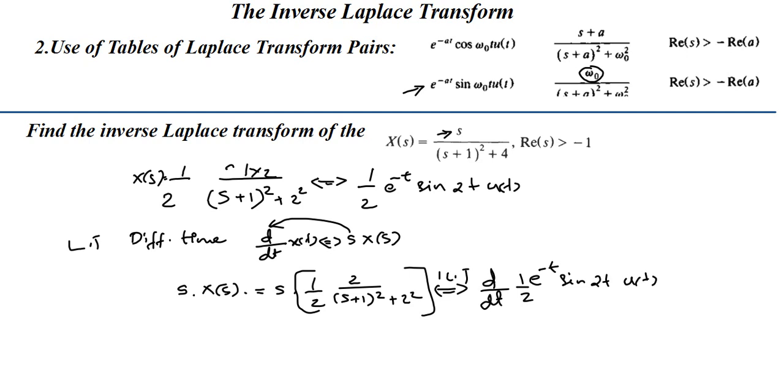If you differentiate this signal, you will get e raised to minus t cos 2t into u of t, and already there is a 1 by 2 and this 2 will cancel, then plus sine 2t u of t into e raised to minus t into minus 1.